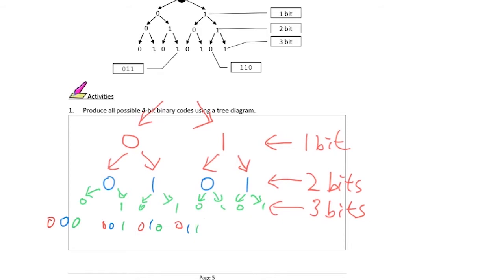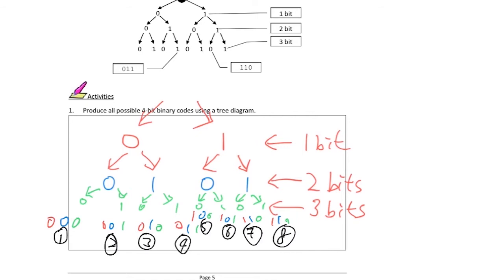And on the other side, we can have 1 0 0, 1 0 1, 1 1 0, and at last 1 1 1. So you can see here we have 1, 2, 3, 4, 5, 6, 7, 8. So altogether we can have 8 different possible combinations for 3 bits.